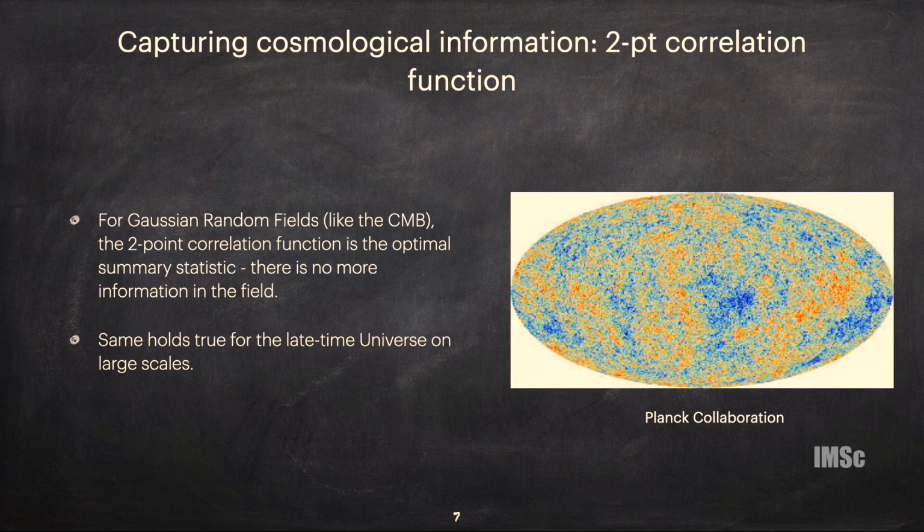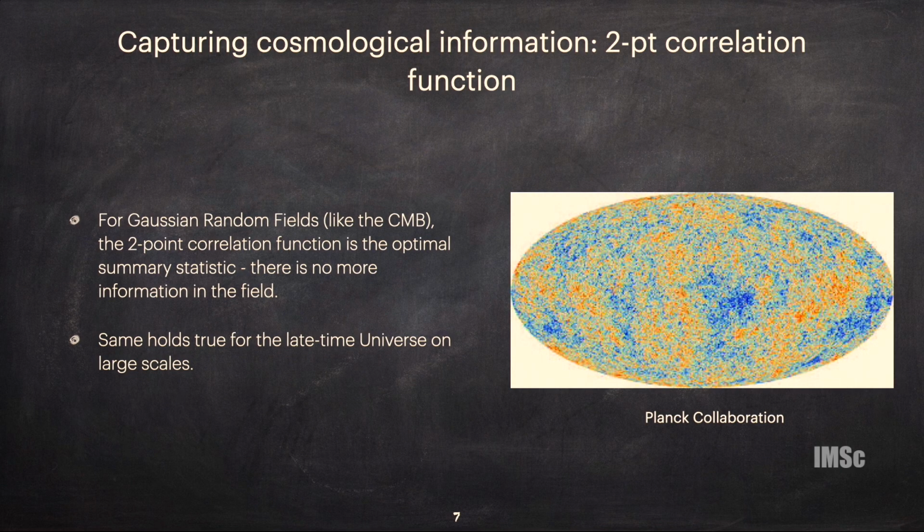Now the 2-point correlation function is the ultimate summary statistic for a Gaussian random field. So for the Planck map, or for very large scales even at low redshifts, the field is a Gaussian random field, and so the 2-point correlation function is enough for us to get the total information out of it.